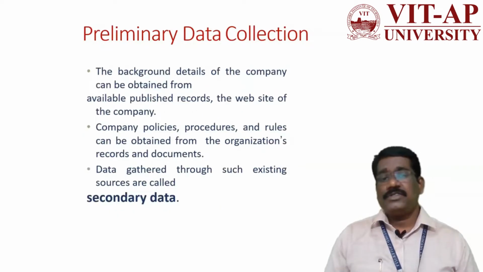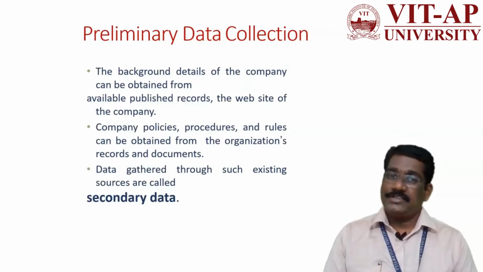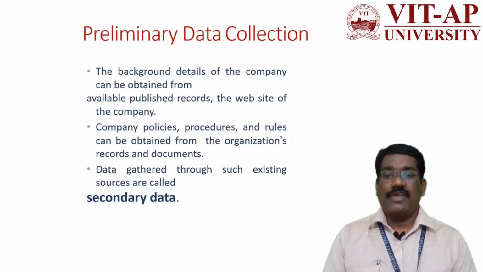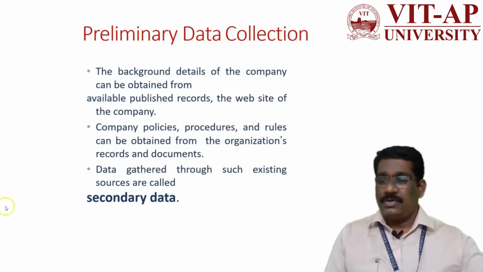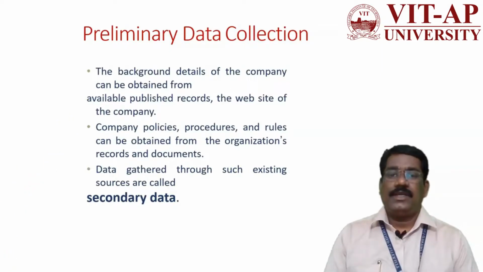So in the process of preliminary data collection, the background details of the company can be obtained from available published records, the website of the company, the company policies, documents, and procedures.